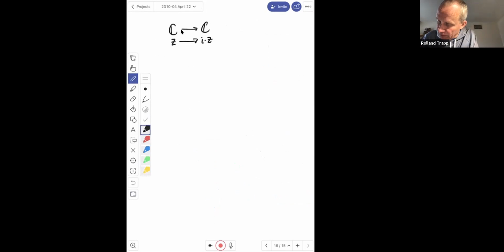So this is a pi over 2 rotation counterclockwise about the origin. More generally, let me just say this because I only have 1 minute left.